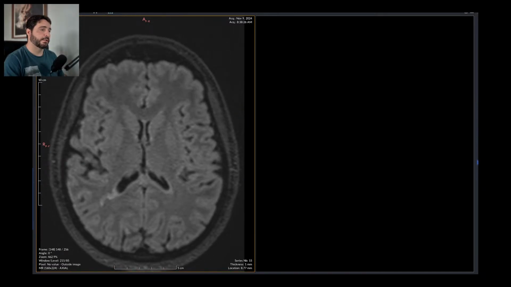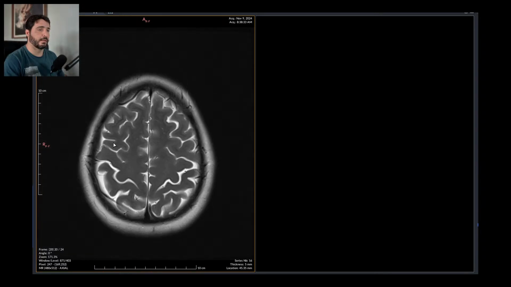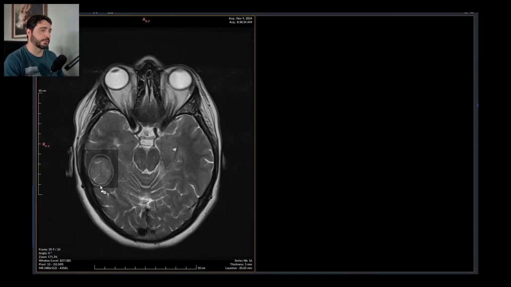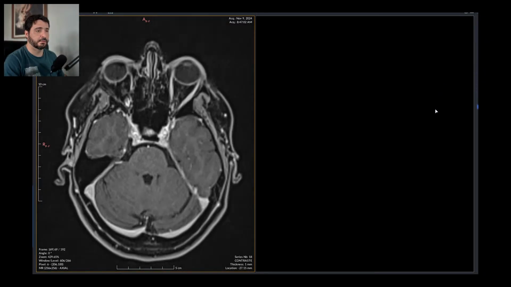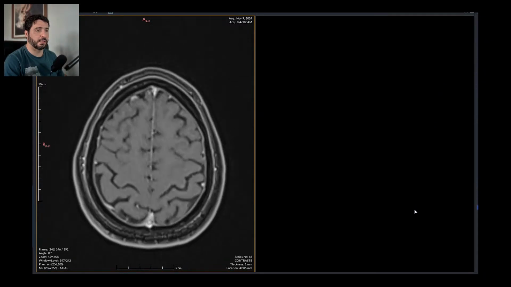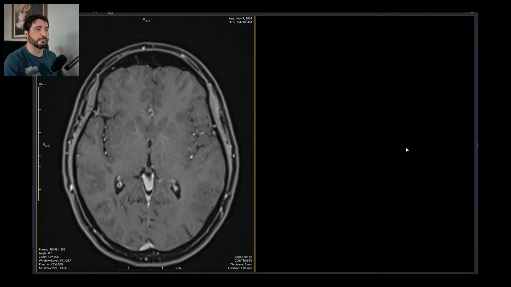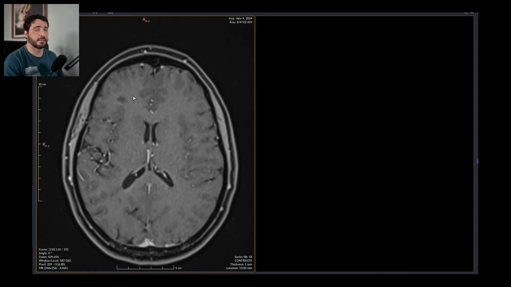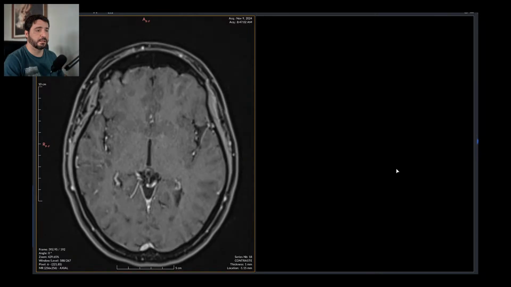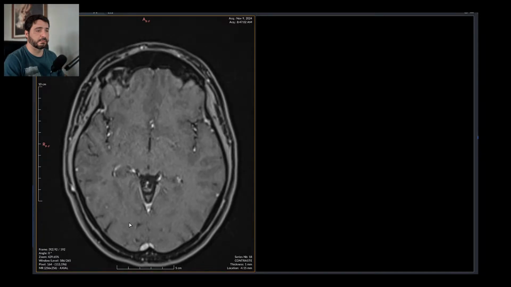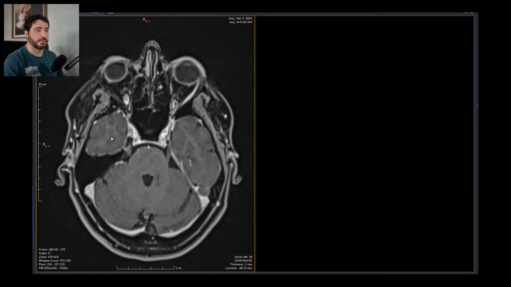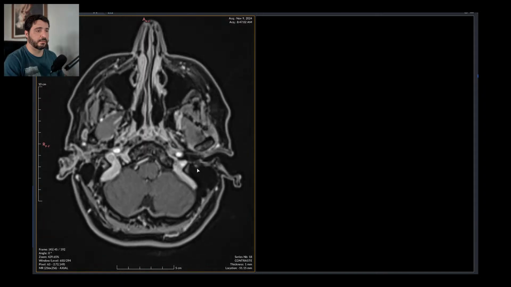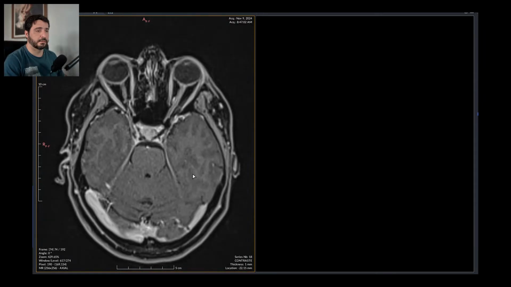So the rest of the brain seemed fine, nothing major. Let's see if we have any enhancing lesion. Just scroll slowly up and down, looking for enhancing sites. Not enhancing, no enhancement whatsoever on those mostly sick sites, the sites of the larger lesions.